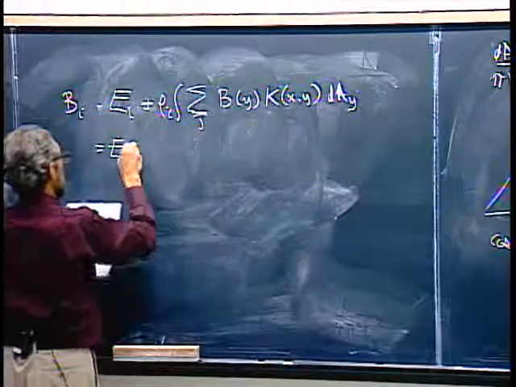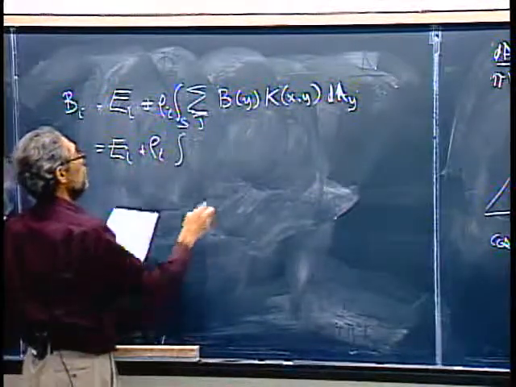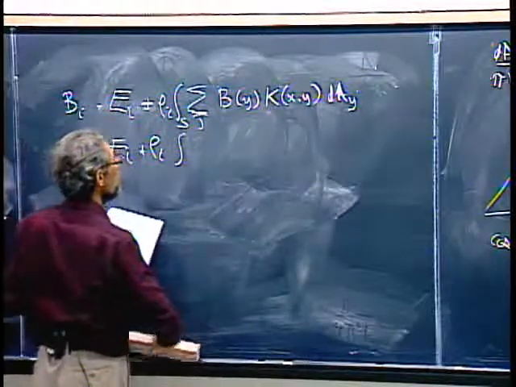So this is E_i plus rho_i times the integral over all surfaces.